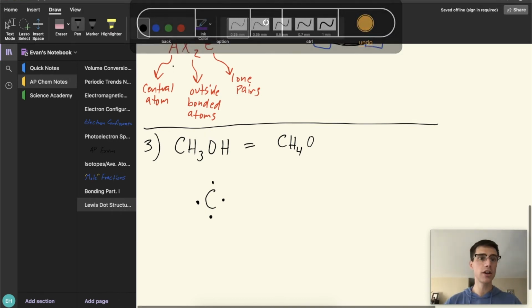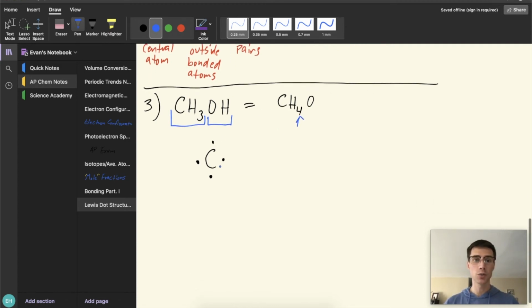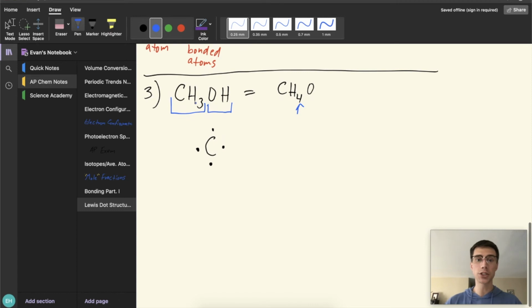So what I see here is CH3 separate from the OH. Even though they're in the same molecule, there's a reason this H is at the end instead of incorporated into its own subscript, okay? So I'm going to start with the 3 H's out here on the left side of my carbon, excuse me.